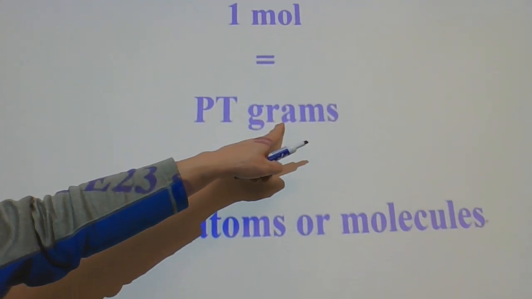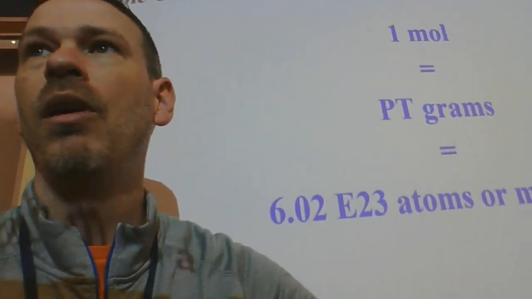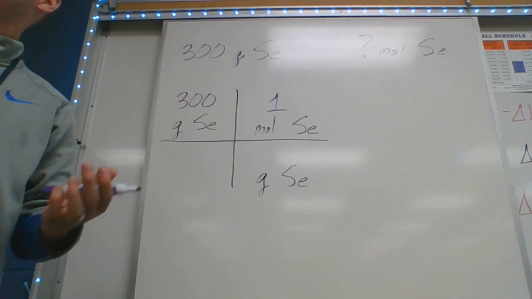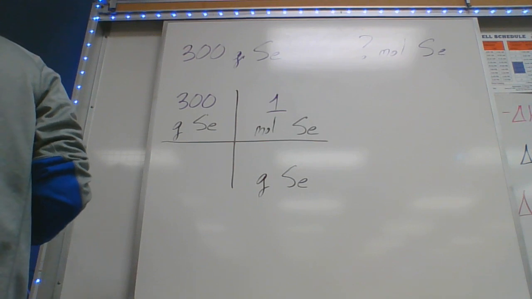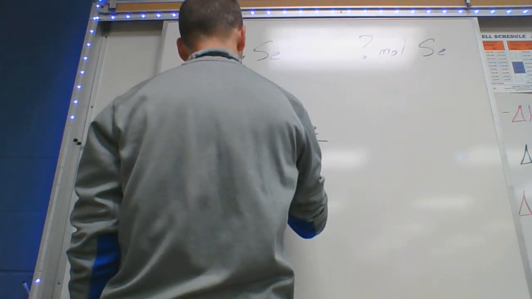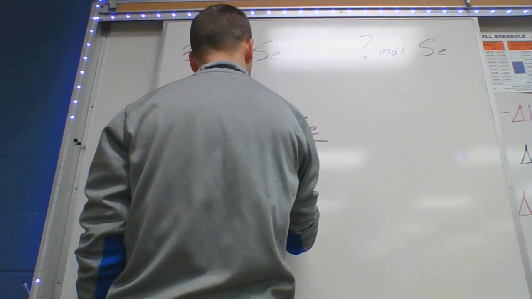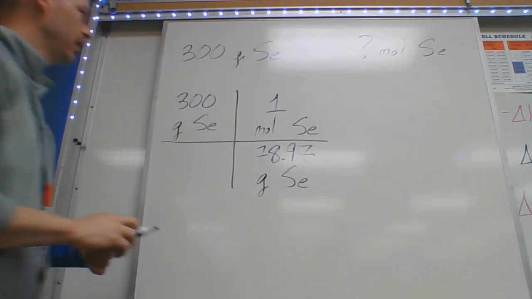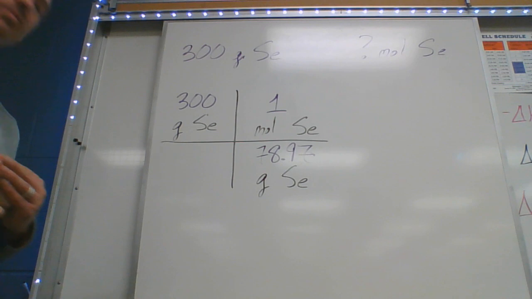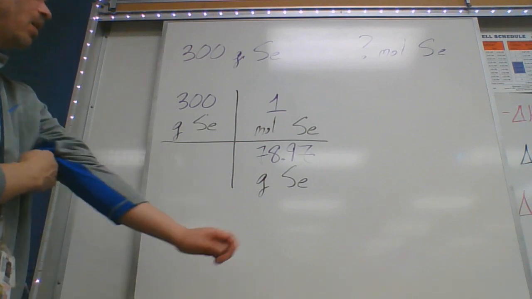Yeah, for grams, it's the periodic table. That didn't happen last time, but now the fact that we're doing selenium is a big deal. What's the molar mass of selenium? 78.97. And boom, we got it all filled in.